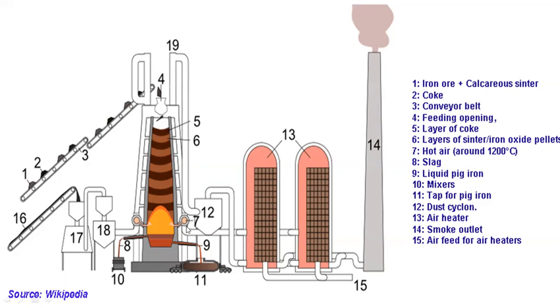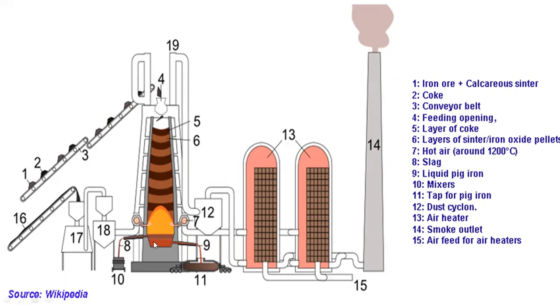Then 7 here is what we normally call the hot air tuyeres, where the temperature is around 1200 degrees centigrade. Number 8 is the slag, whatever is the leftover after the molten metal, which comes out as slag. Then 9 here is the liquid pig iron that comes out from the right side.